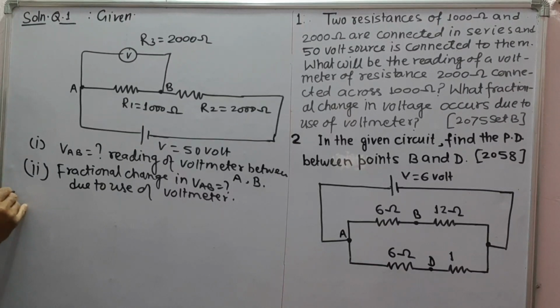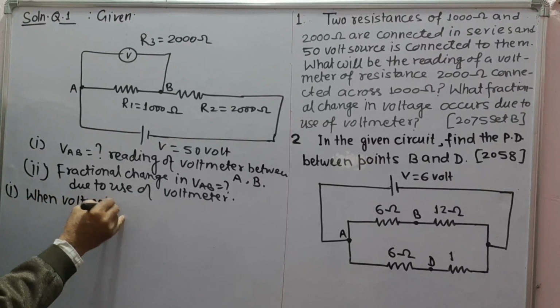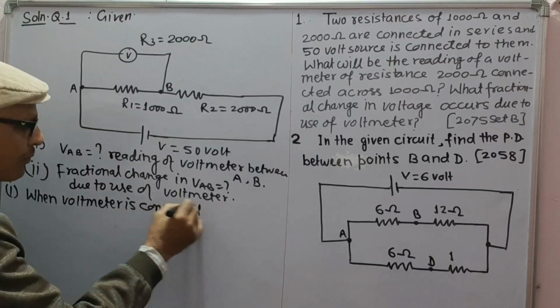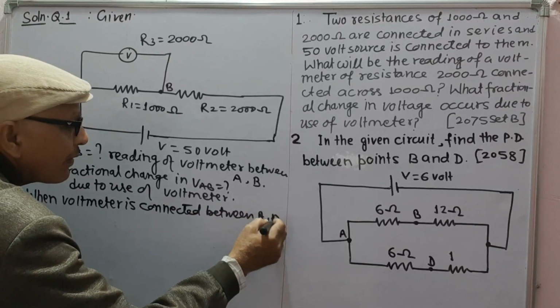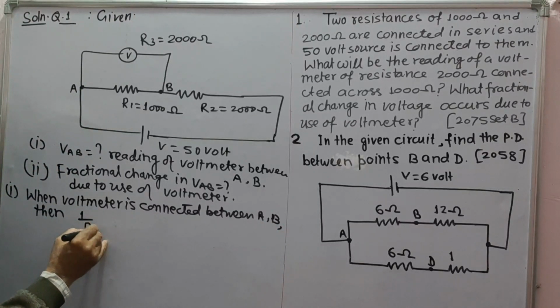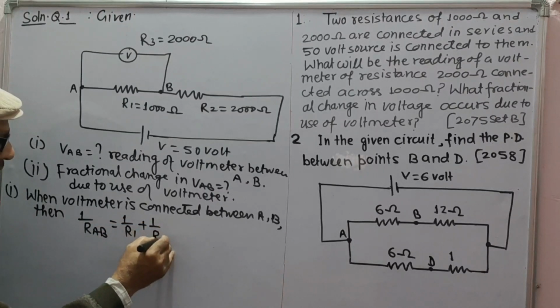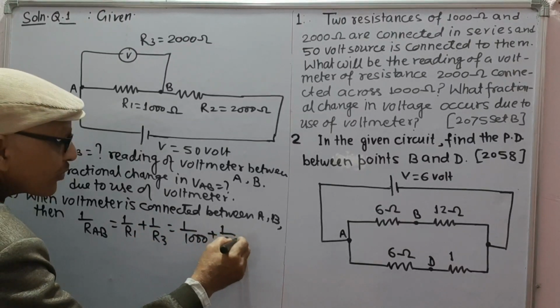Now solution. First, when the voltmeter is connected between AB, then 1 upon RAB will be equal to 1 upon R1 plus 1 upon R3, 1 upon 1000 plus 1 upon 2000.